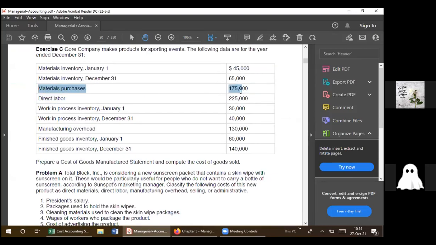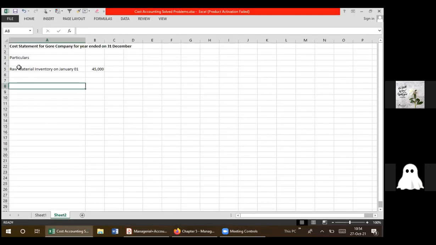First, we need raw material purchases. Material purchases here says 175,000.